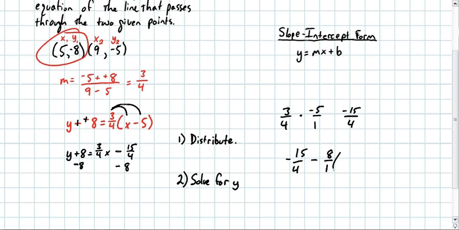So I'm going to have to multiply this by 4 over 4 to make that into fourths. So then I'll have -15/4 minus 32/4. -15 minus 32 is -47/4. Yikes. Alright, so right now those have canceled, and I have y equals 3/4 x minus 47/4.